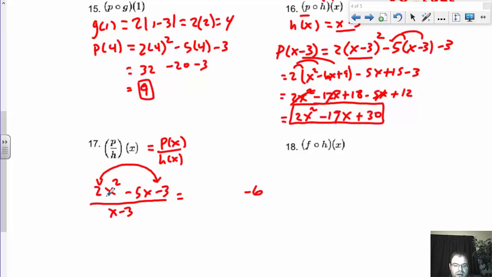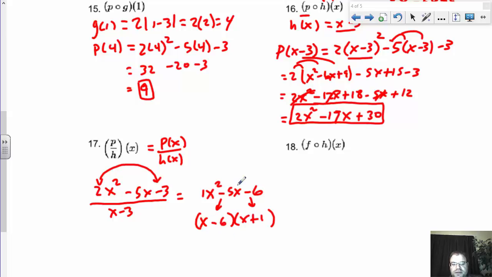Now I keep this negative 5x over, and then I have the x squared. What I do is transform this 2 into a 1. This makes it easier to factor. So what are the factors of negative 6 that add to make negative 5? Those factors are negative 6 and positive 1.